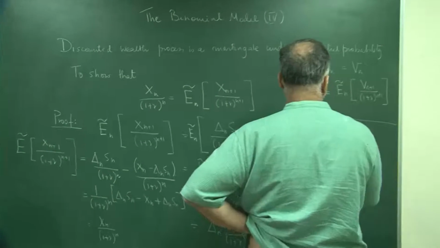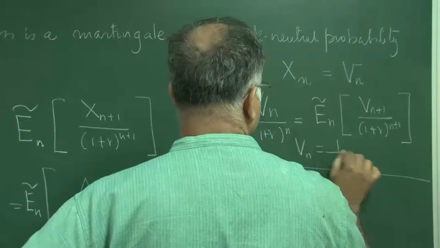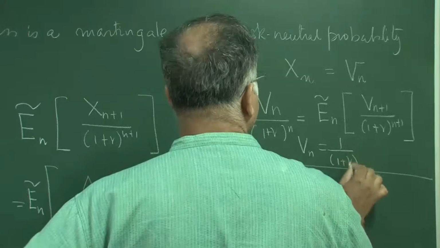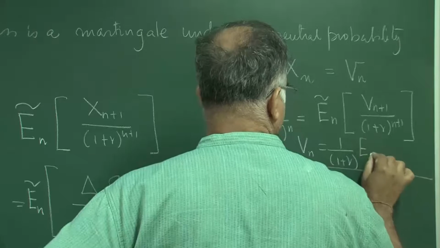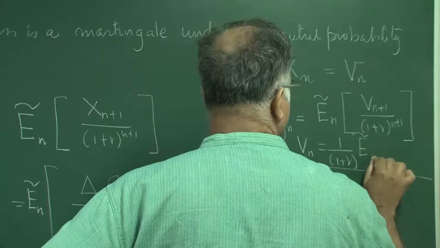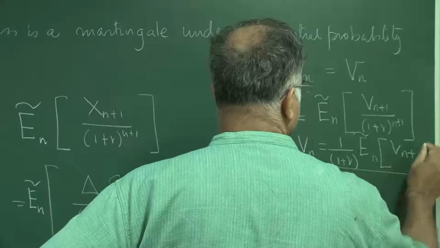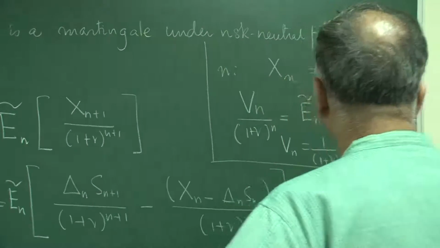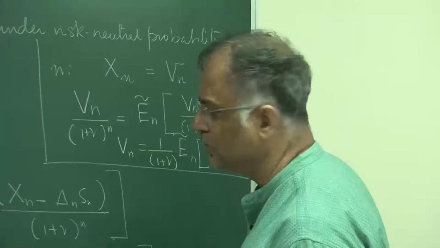So, if I bring this out, I get Vn is 1 by 1 plus r times the expectation, the way we had been studying all along. This is called the risk neutral pricing formula for an option.